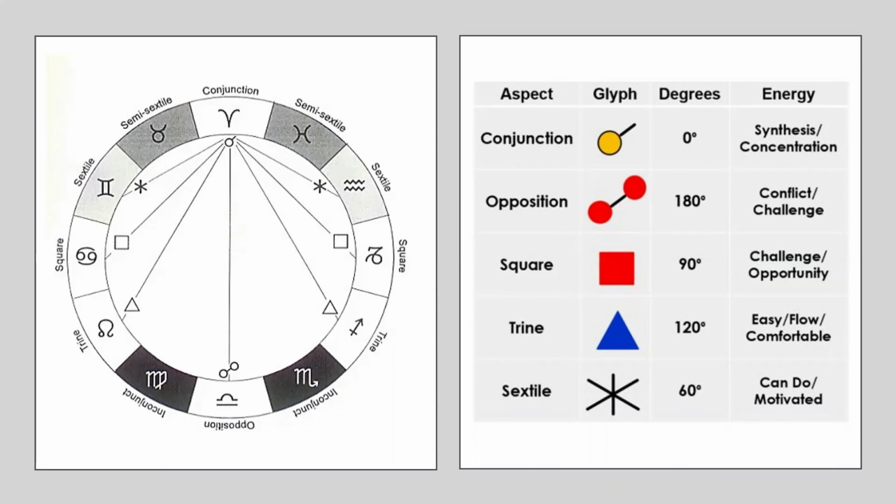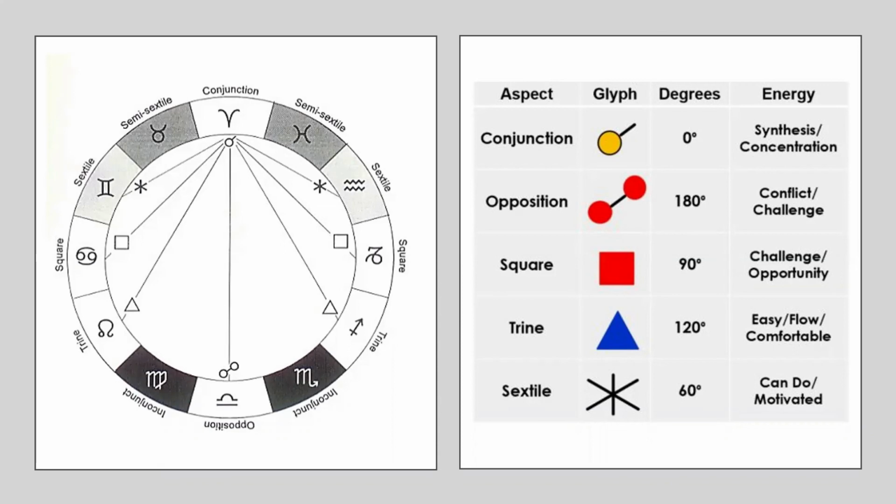You need them in your chart because they give you energy. If you only had trines, you wouldn't get up and do anything. You'd probably be very lazy because everything just would seem easy for you. The oppositions and the squares are important because they give you motivation to get up off your butt and do something.